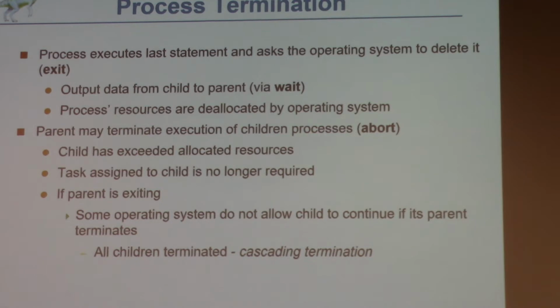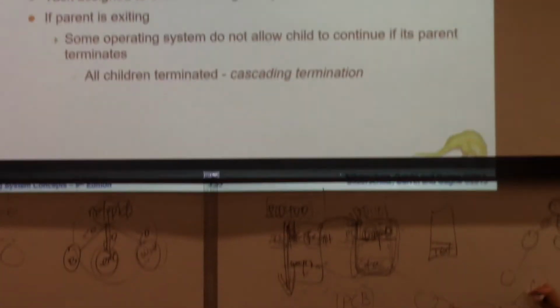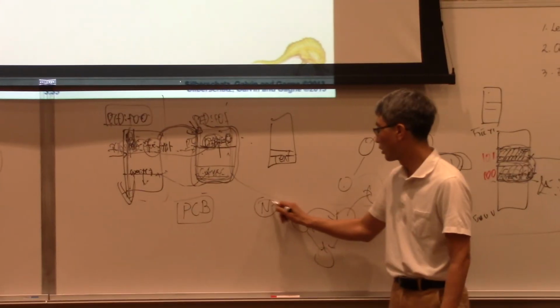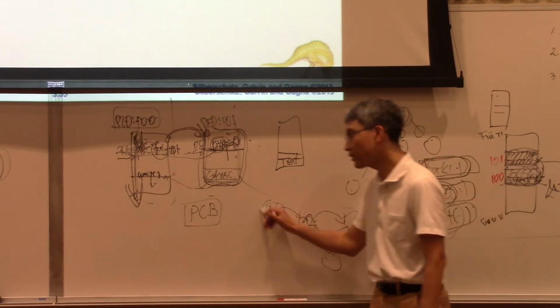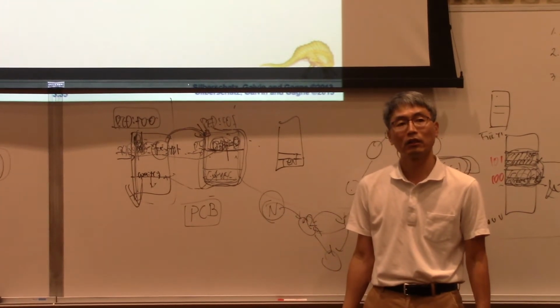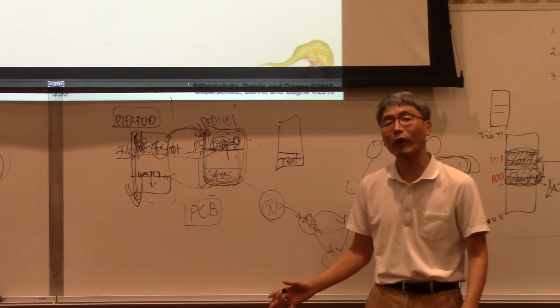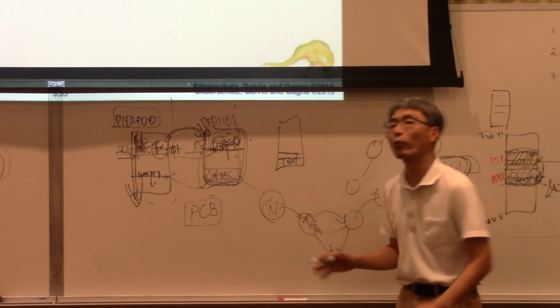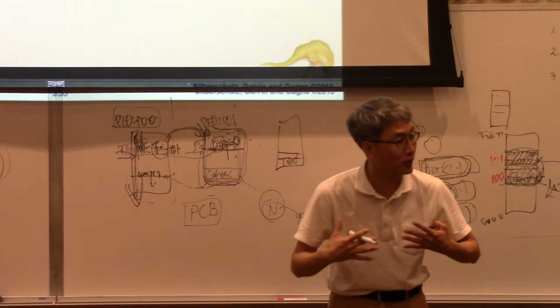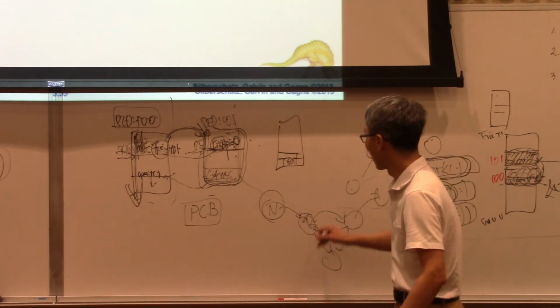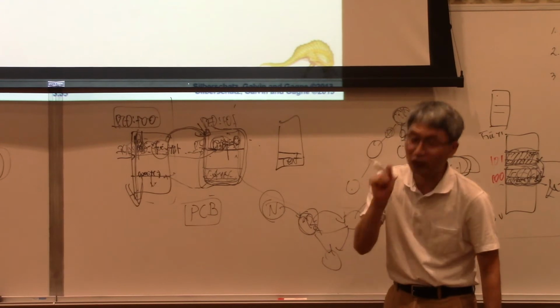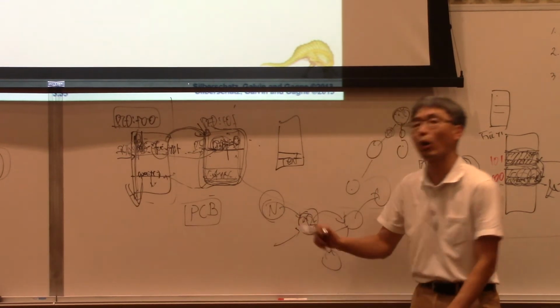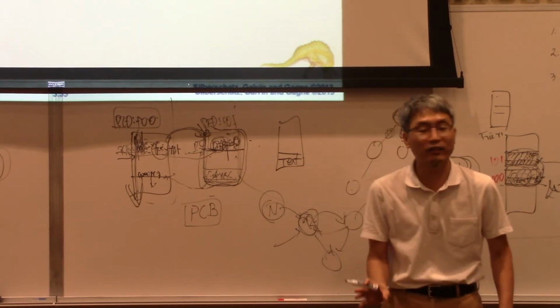So when you create a process, like in the five-state model, this is the new state and this is the ready state. What is the new state? It's not ready, but ready means you are ready to get the CPU resource. That doesn't mean that when you double click, it runs right away. No, you need to find the resources.